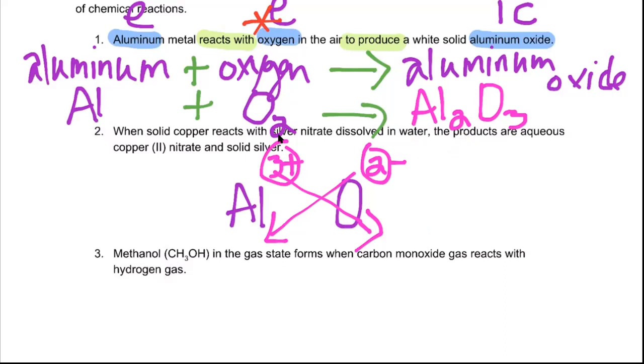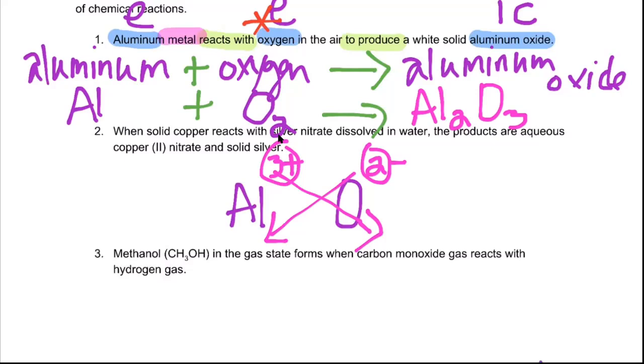So on this one, up here in the sentence, it says aluminum metal. So they're telling you aluminum is a metal. Even if they don't tell you, you should be able to look at the periodic table and know that it's a metal. And all metals at room temperature in their normal state are solid.